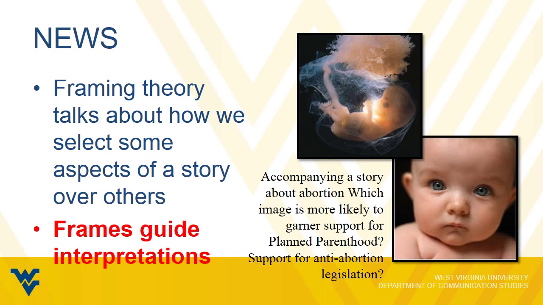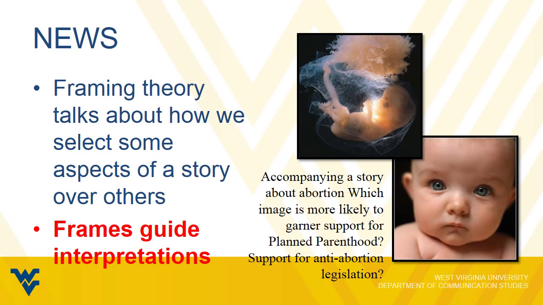And if you were to run the same story about abortion rights, and in one condition, you were to use a picture of a fetus in the corner. And in another condition, you were to use a blue-eyed little baby as your photo to accompany your story. I suspect what you would find is that people who read the story with the fetus picture probably wouldn't have very strong reactions.